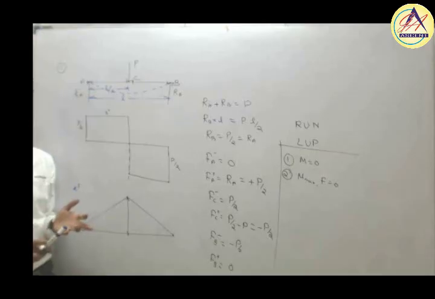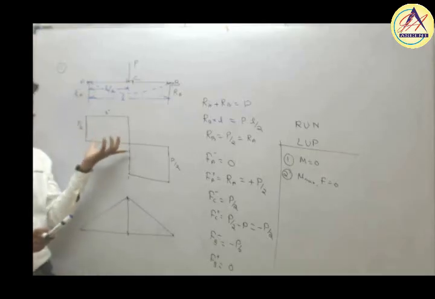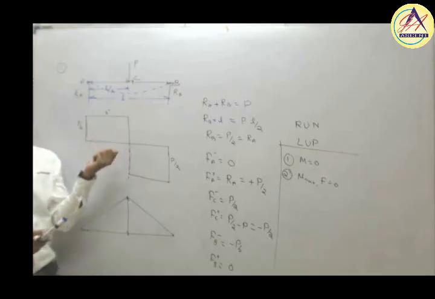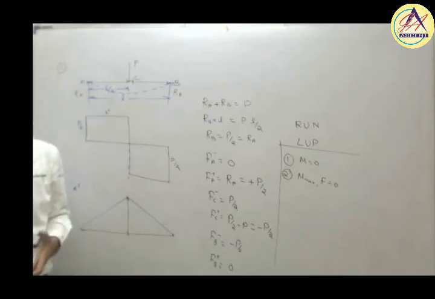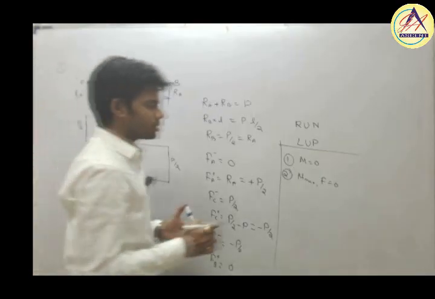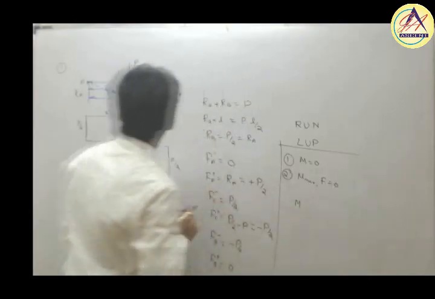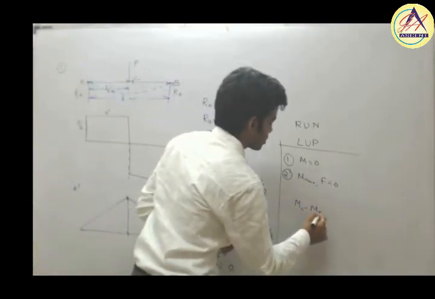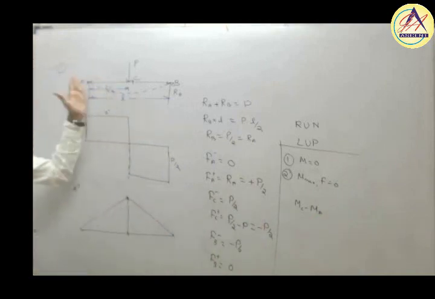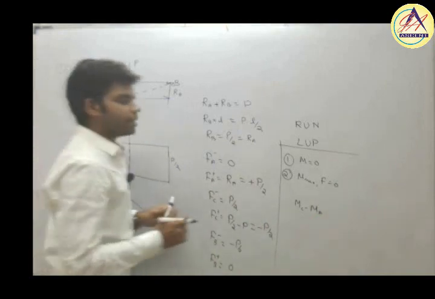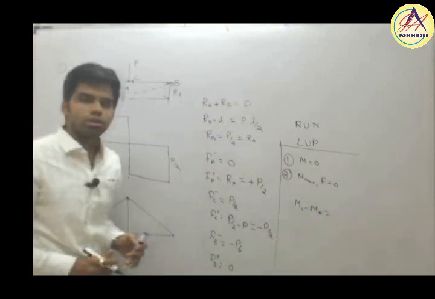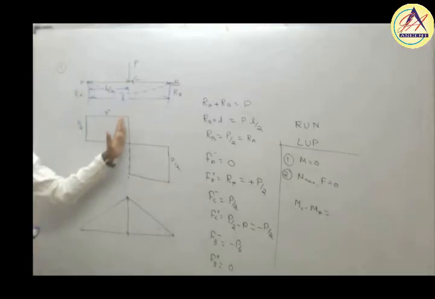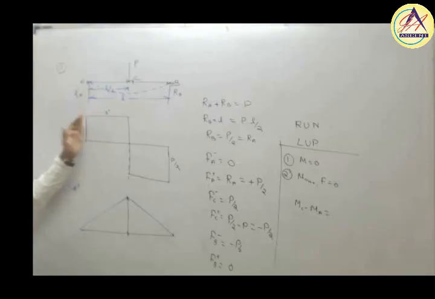I told you one thing, that the change in moment between 2 points is nothing but the area under the shear force diagram between those 2 points. That means change in bending moment between 2 points, MC minus MA. See how beautifully we can use this theorem. What is the area under the shear force diagram between those 2 points?